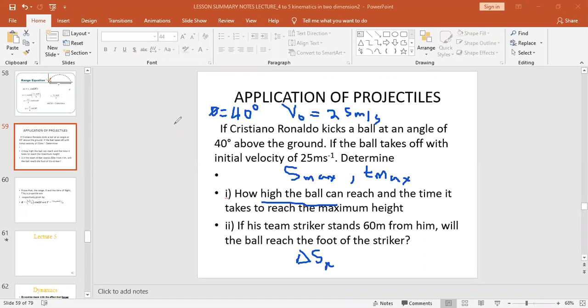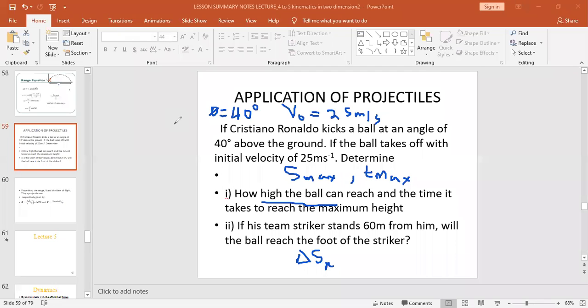Okay, Oscar, you're asking if always in relation to the range, displacement in the horizontal, hence acceleration is equal to 0. Yes, so let me explain that again.